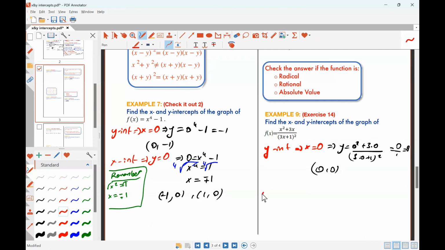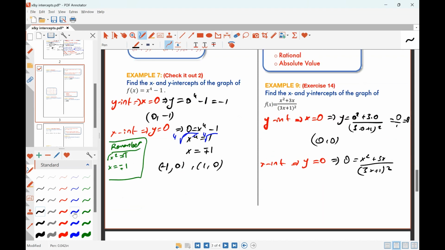To find the x-intercept, we give 0 to y. So in this case, 0 equals x squared plus 3x over 3x plus 1 squared. So for rational expressions, you remember, if there is a rational expression a divided by b equals 0, you do cross multiplication.